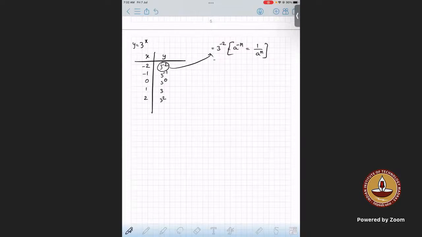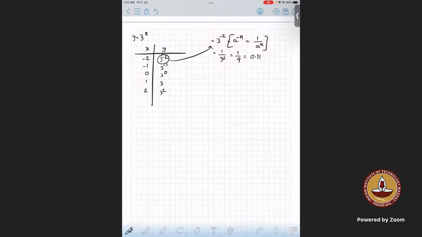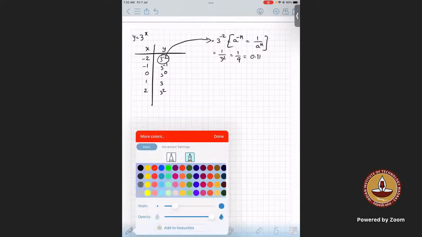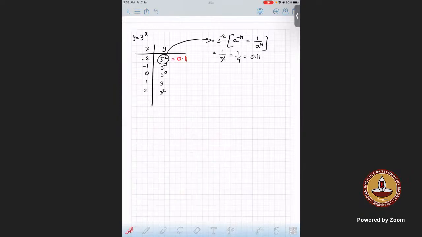So 1 by 3 square, that equals 1 by 9, which is about 0.11. For 3 power -1, it is 1 by 3, which is 0.33. 3 power 0 is 1, then 3, 9.